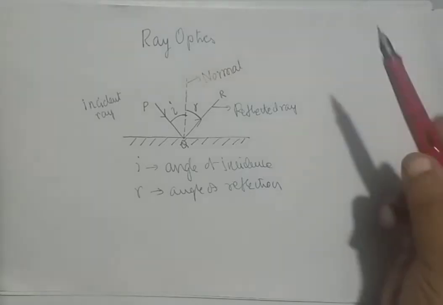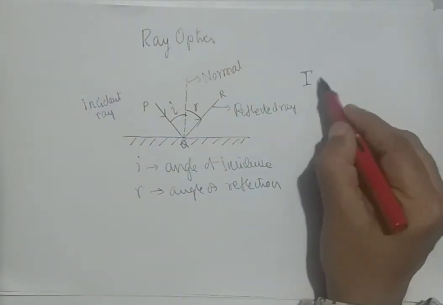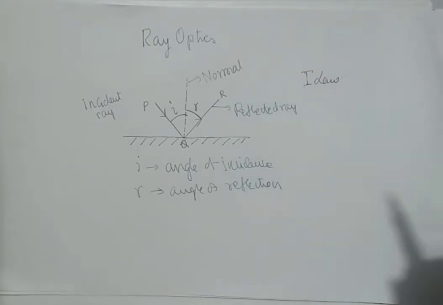First law of reflection says the incident ray, reflected ray, and the normal drawn at the point of incidence to the reflecting surface all lie in the same plane. This is the first law of reflection.